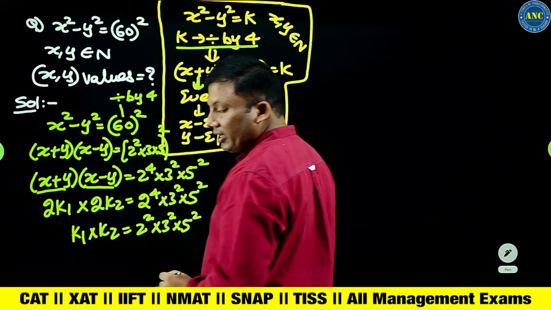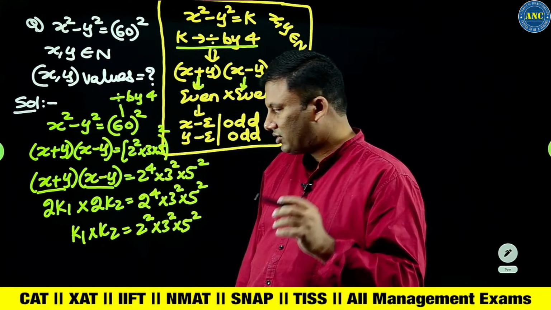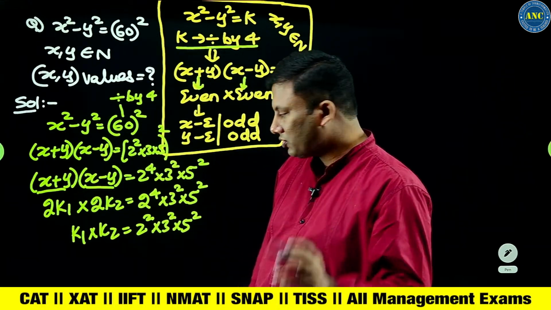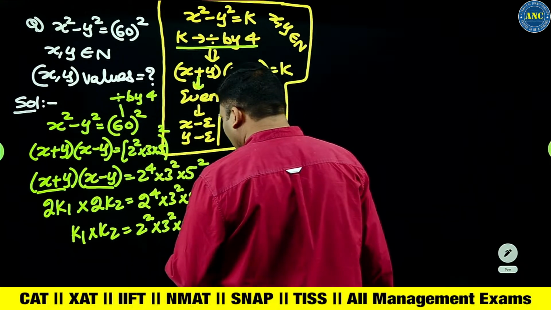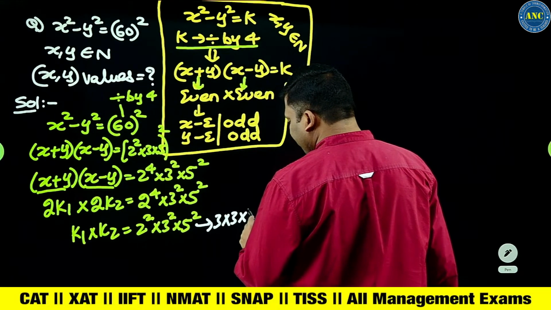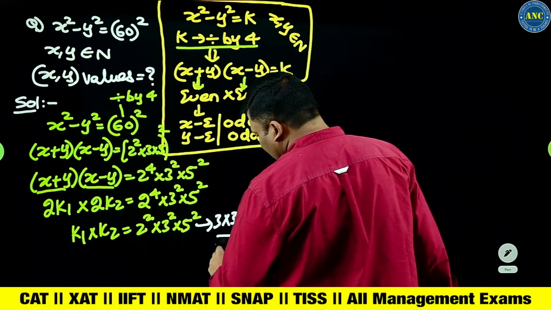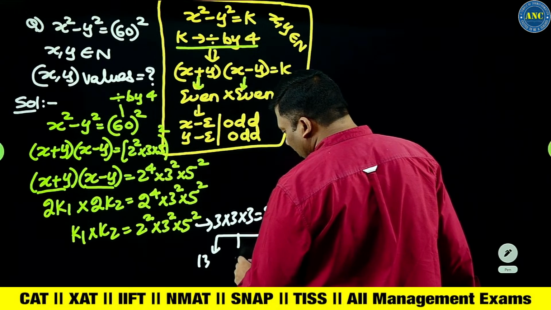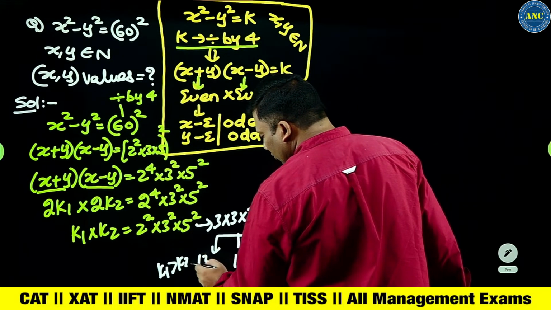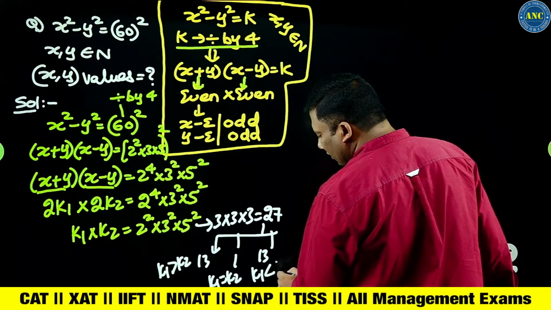The right hand side is divisible by 4. When will it be divisible by 4? When on the left hand side x plus y is an even number and x minus y is also an even number. So in total how many factors will I get? 3 into 3 into 3, 27 ways. In that, 13, 1, 13. k1 greater than k2, k1 equivalent to k2, k1 less than k2.